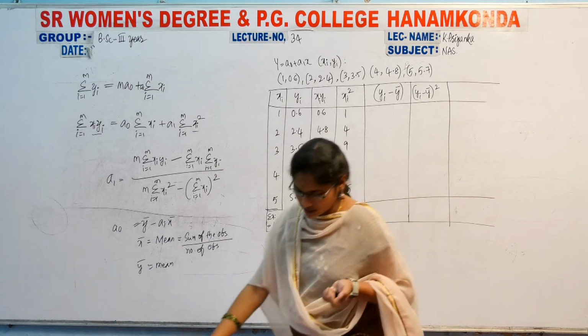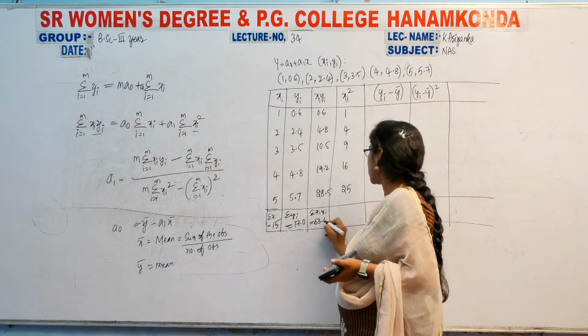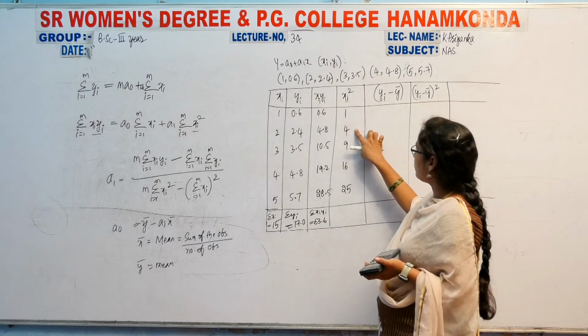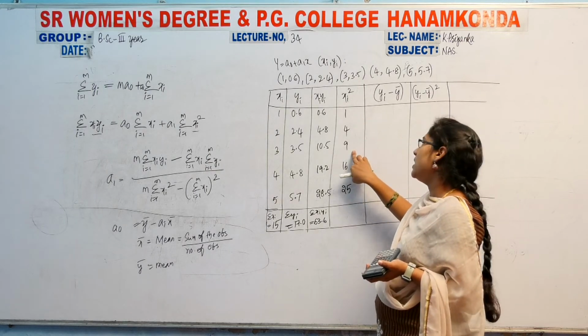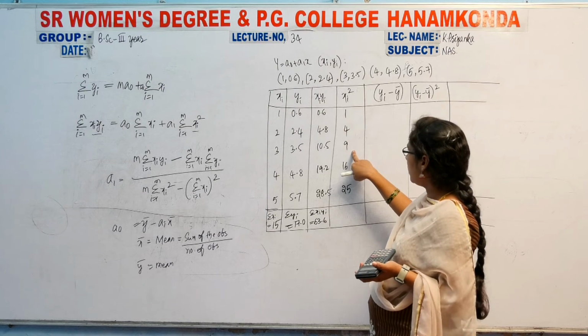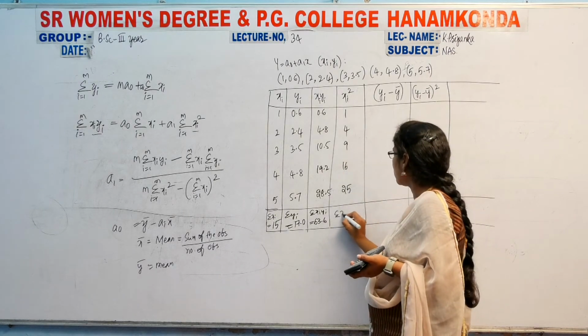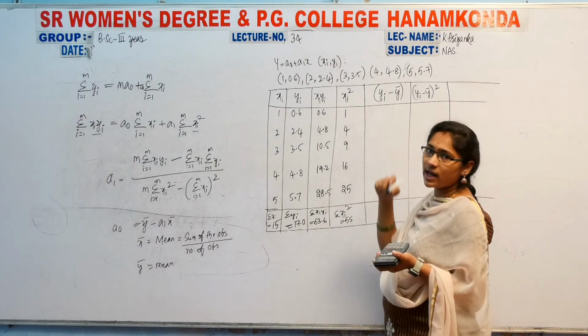So simply we will get 63.6. Next, 25 plus 20, 45, 45 plus 1, 46, 46 plus 9, 55. Right, the answer is here 55. Summation xi square is 55. To calculate this one I have to know x bar and y bar.